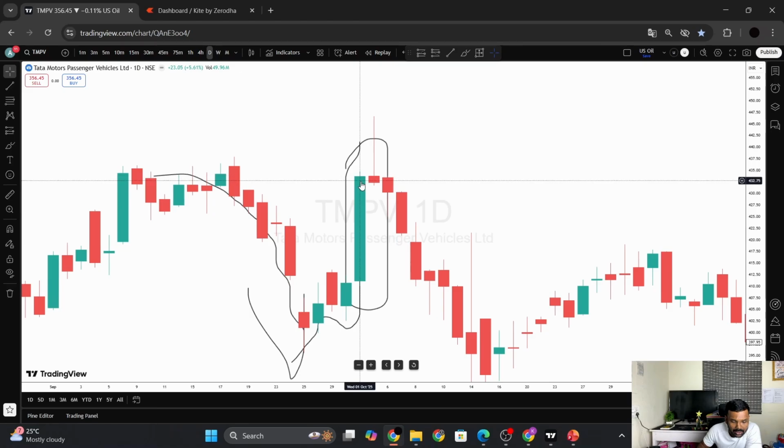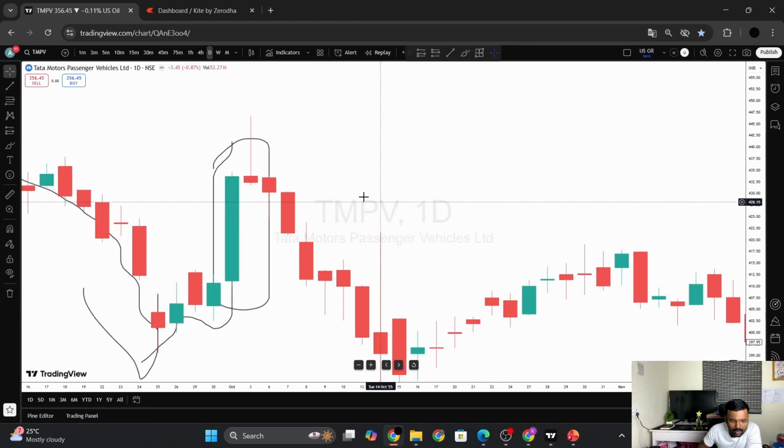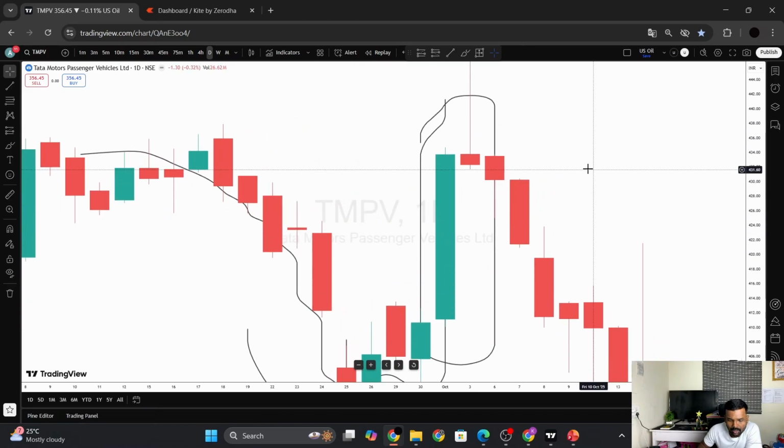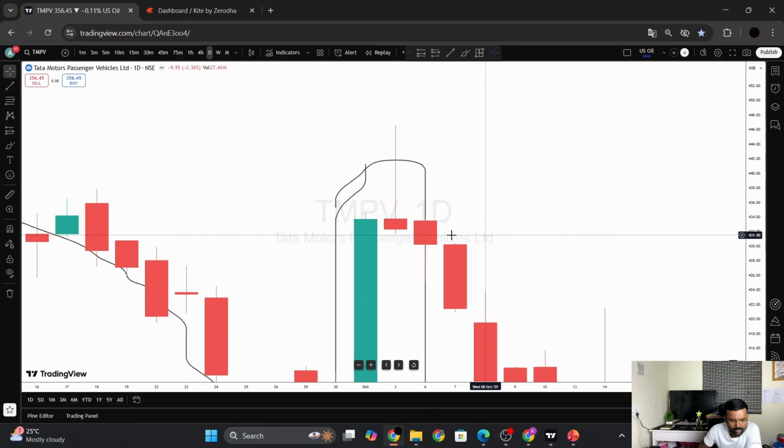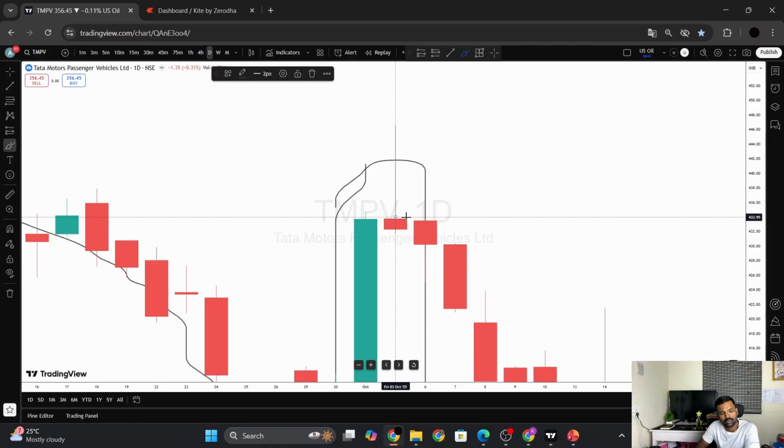Okay, and the next day what happened? There is another candle which has formed here. So this is a red candle.